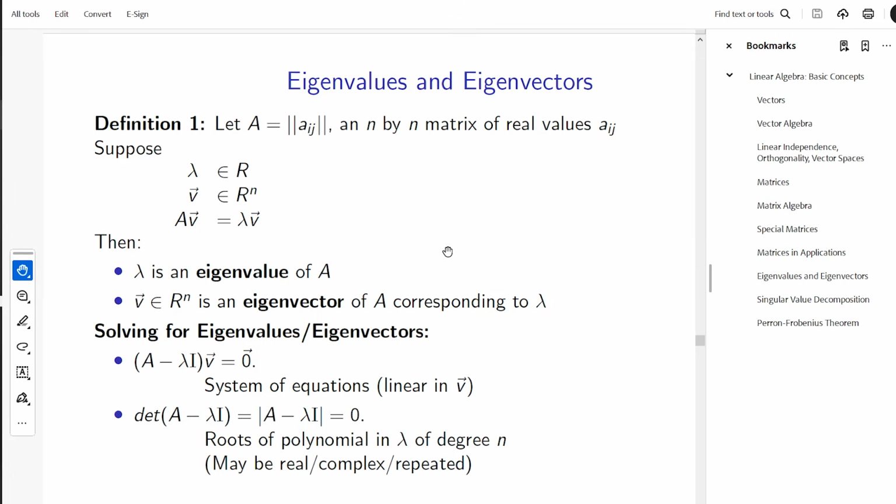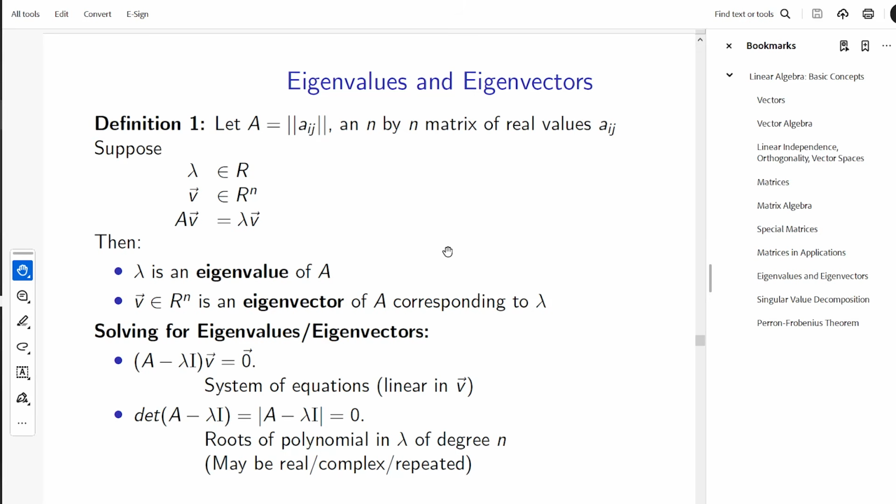When we solve this equation, we want the roots of the determinant equation to equal 0. This means that these are the eigenvalues which make this matrix factor A minus I lambda non-invertible.